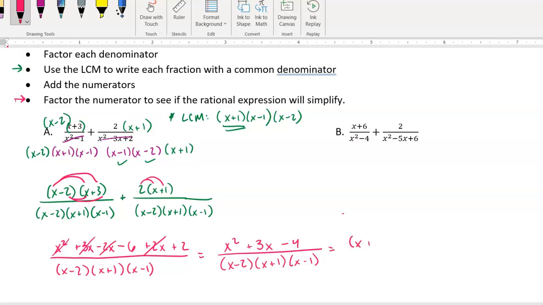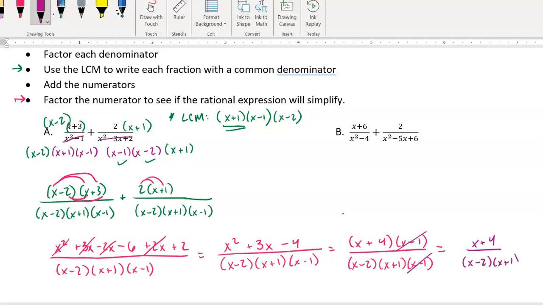So that factors down to be x plus 4, x minus 1, because 4 times negative 1 is negative 4, and 4 plus negative 1 would be 3. And now if you notice, the x minus 1s cancel out, leaving us with x plus 4 over our denominator, x minus 2 and x plus 1.